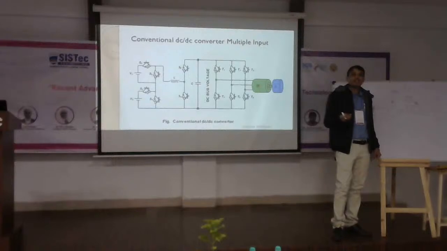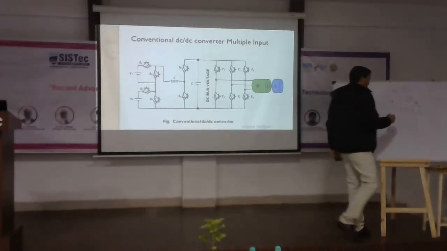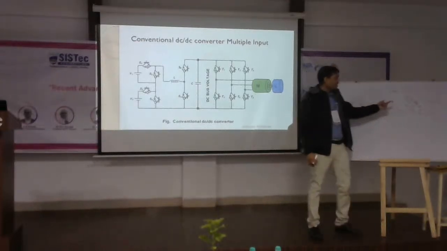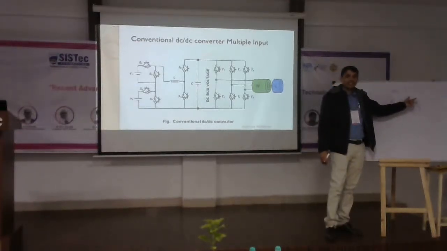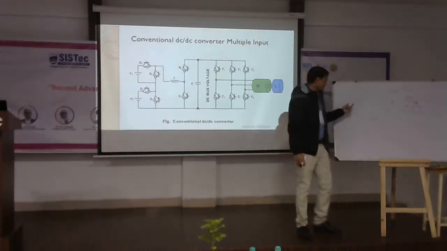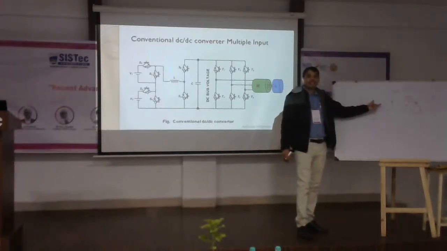So when you average, the voltage will be 5 volts. So you can see that by varying the duty cycle, we can get a variable voltage, isn't it? That is the feature of this IGBT.